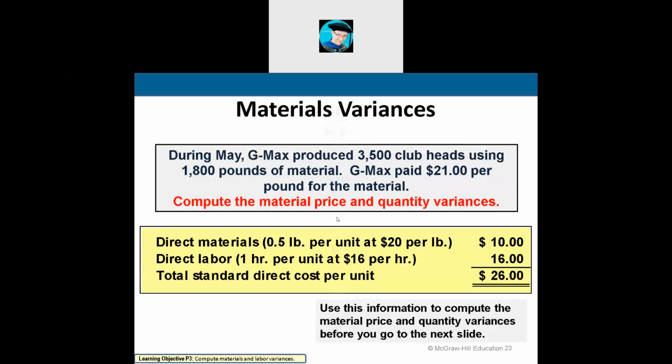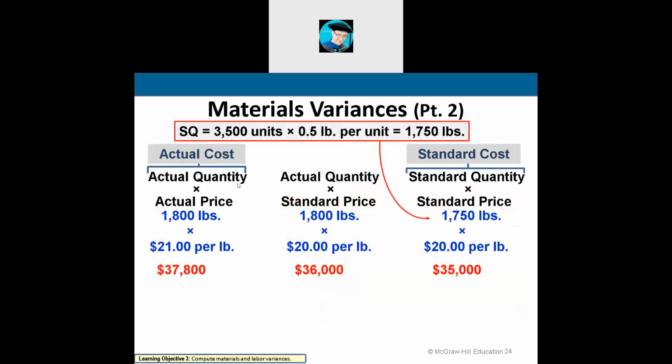Now we know $26 per unit to make. We can figure out the variances. So here's how it works. We just plug in the amounts. So remember, the standard is what we expected.